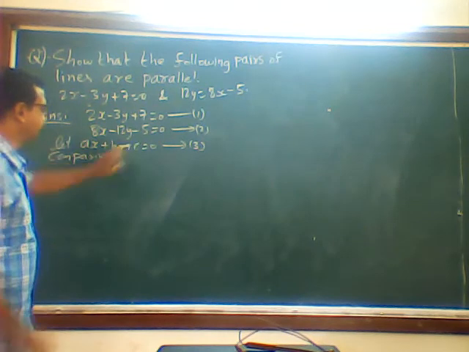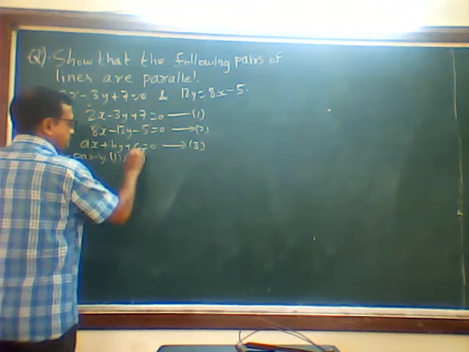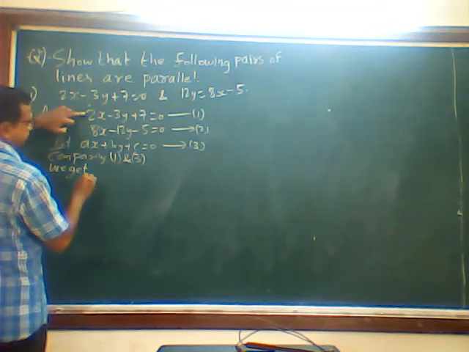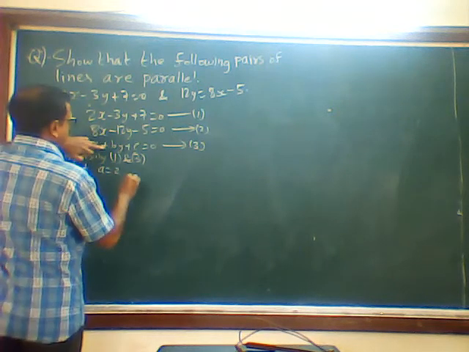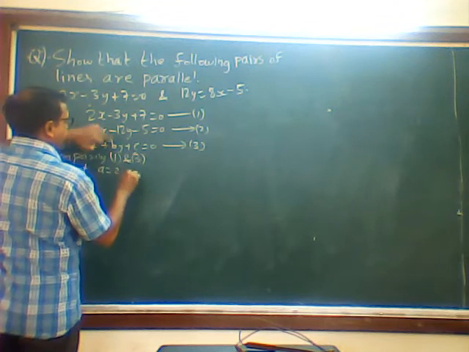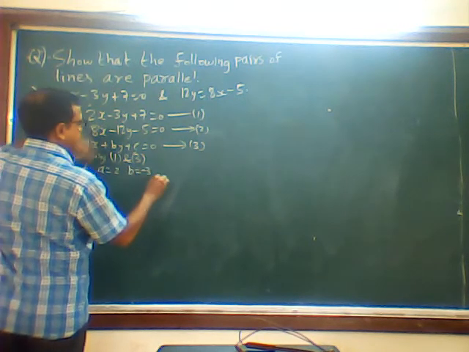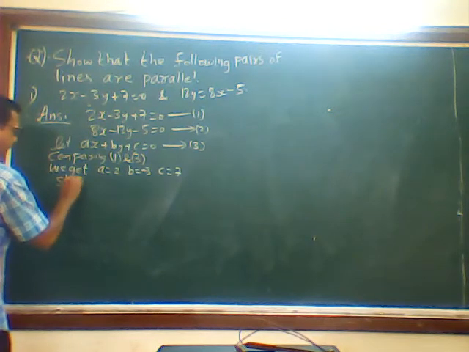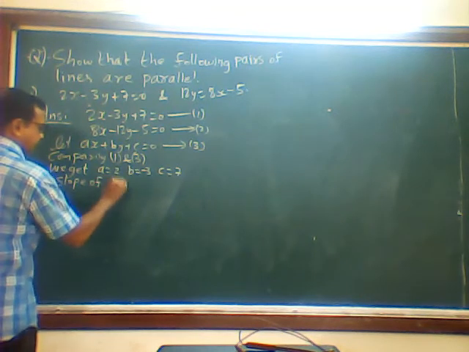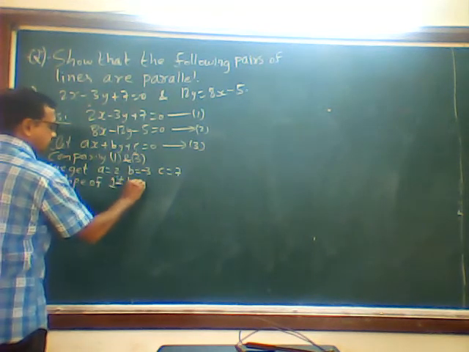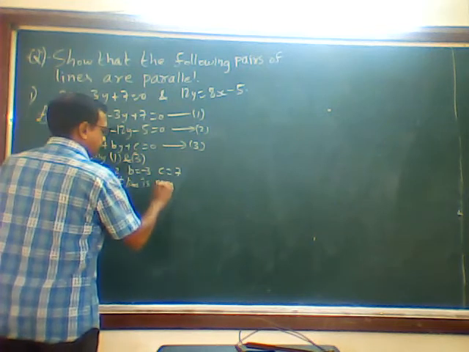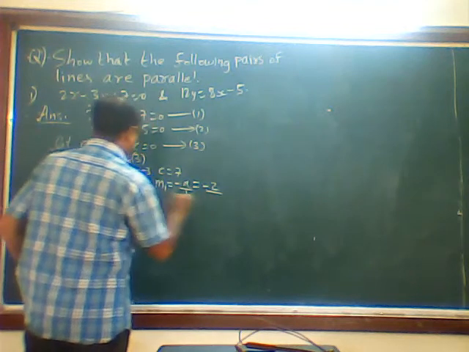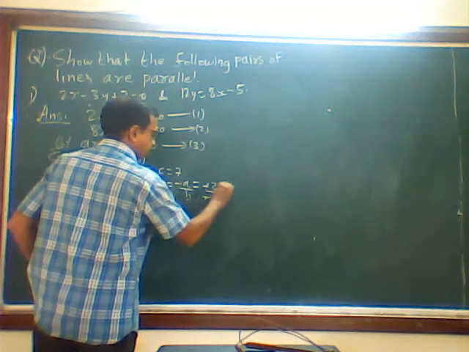Comparing equation 1 and 3 we get, here A is 2, B is minus 3, C is 7. But C is not required. Then I will say the slope of the first line is m1 is equal to minus a upon b. Minus a is minus 2, b is minus 3, so it is 2 upon 3.